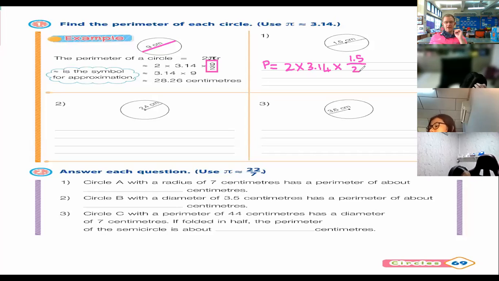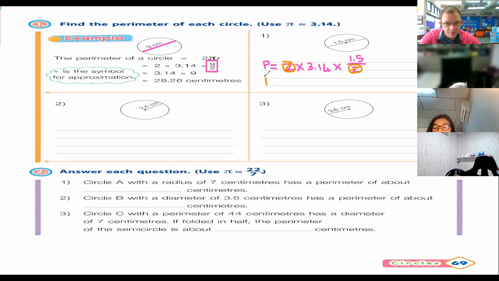So to get the radius, we take diameter divided by 2. But we don't have to calculate 1.5 divided by 2 because it cancels out with the 2 over here. So we divide by 2, multiply by 2, so we can just cancel them out.